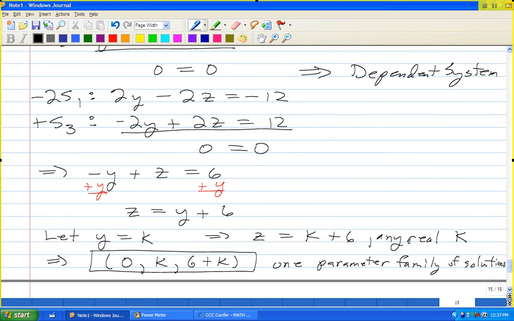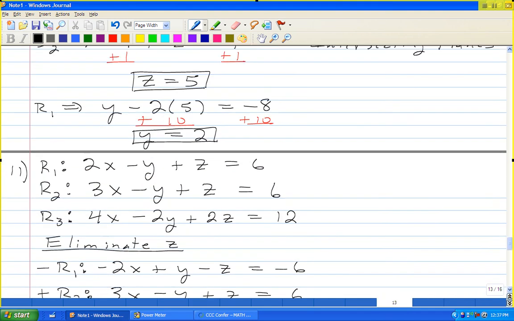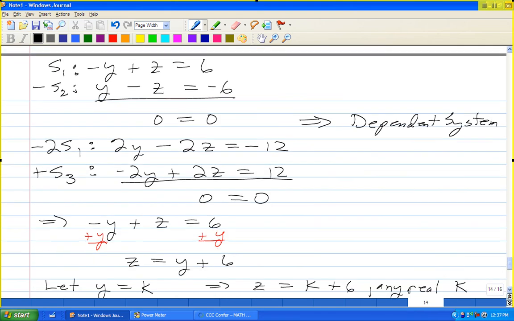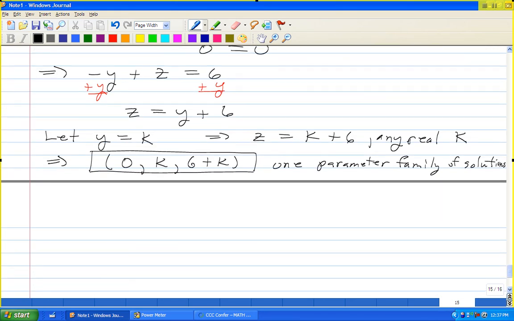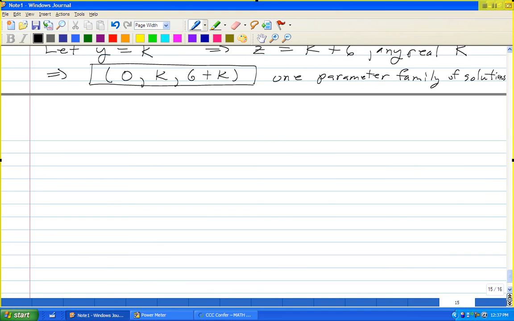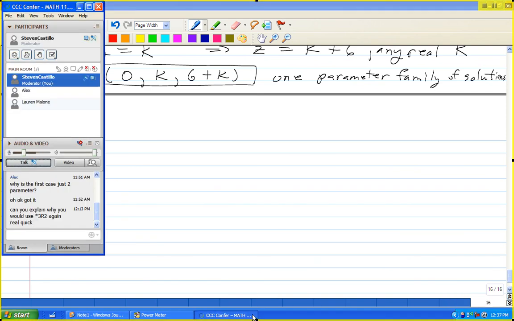Okay, let me do problem number 13. Any questions about this?